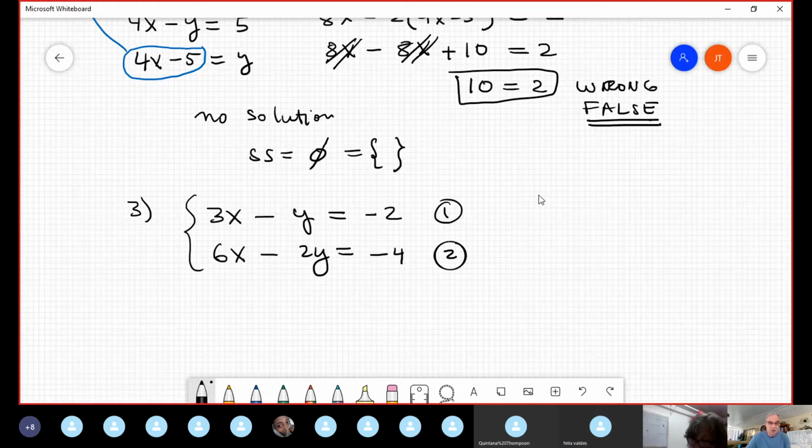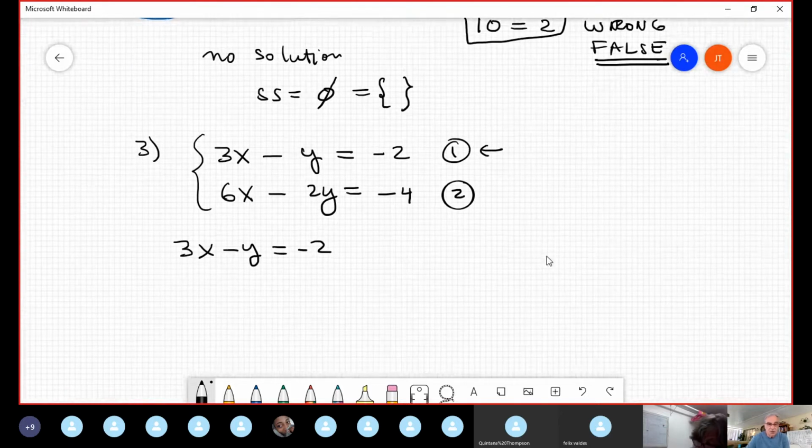Okay, we continue using substitution. In this case, in my opinion, I use equation number 1 because the coefficient here is -1. We take advantage of this, no? I copy 3x minus y equals -2 and solve for y. In this case I move y to the right and 2 to the left: y equals 3x plus 2.